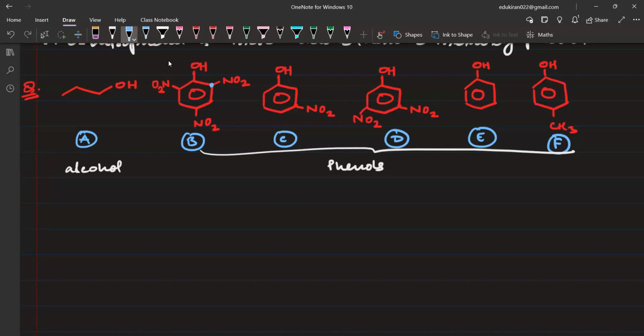Now you have to speak. NO2, in which position is it with respect to OH? The blue one that we have highlighted. Oh, that is ortho. Ortho. What about this one? Para. Para. And this one?